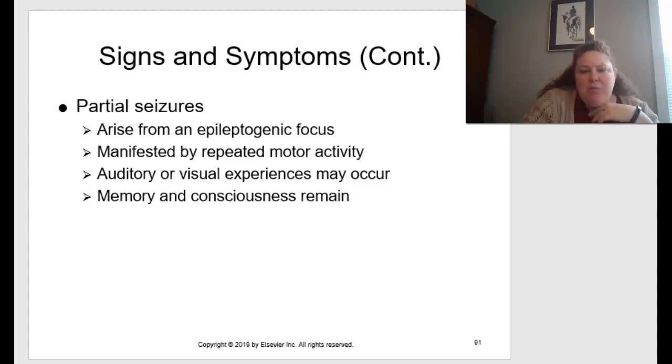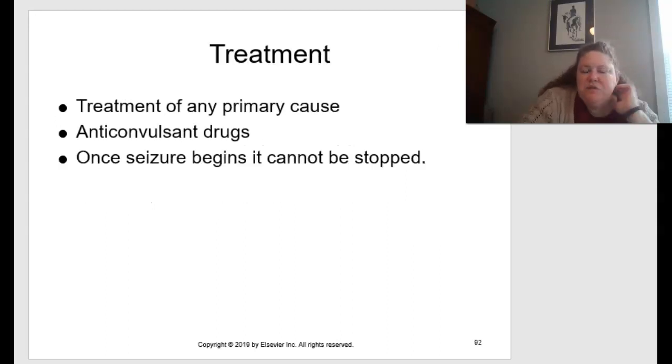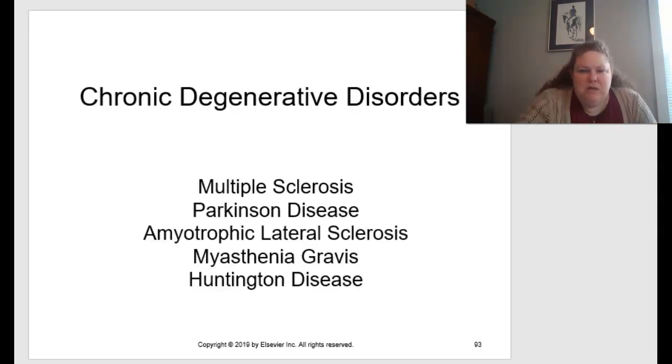And these can cause memory and consciousness problems, but usually for partial seizures, the memory and consciousness does remain. Treatment is to try to figure out what's causing it. Use anticonvulsant drugs, and once the seizure begins, it can't be stopped. Okay, so it's kind of like a palliative. You try to slow down your neuronal signaling so that your brain doesn't freak out and continue to do it more. But treatment's kind of like a mixed bag.